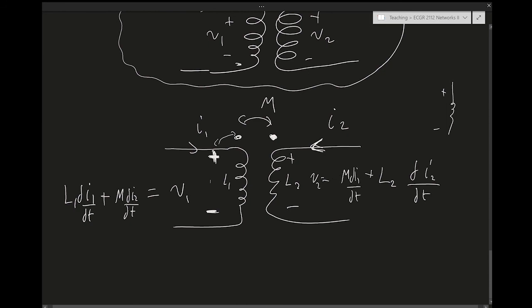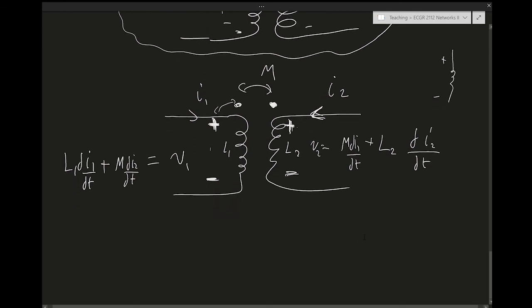Let's check. I1 is going into the dot, so I1 remains positive. There's no change of sign here. And then we are finding the voltage, the polarity of V2 is this. And the polarity of V2 matches the polarity of the dot on the secondary coil. So this also is positive. Right? And that's it.